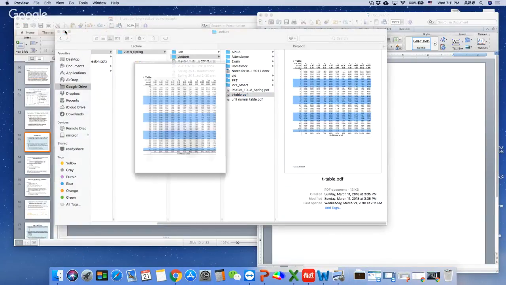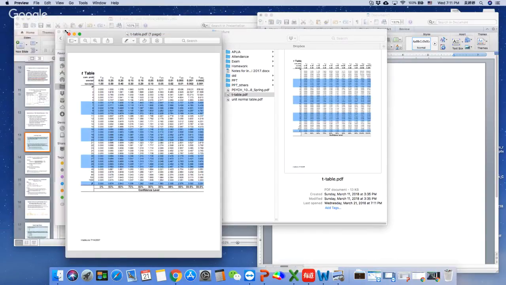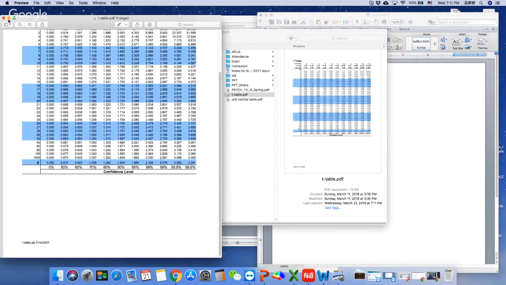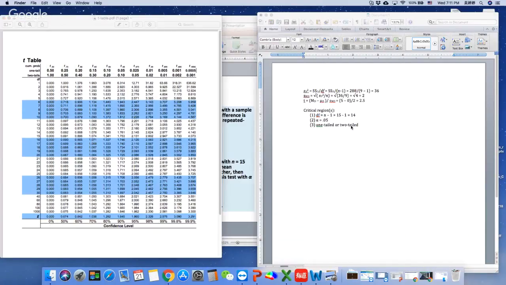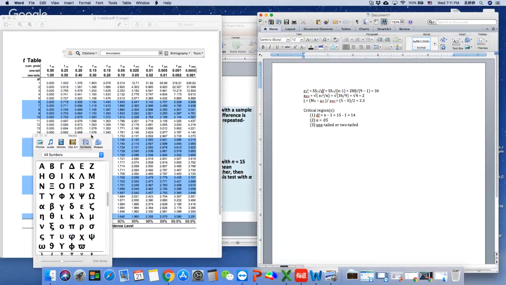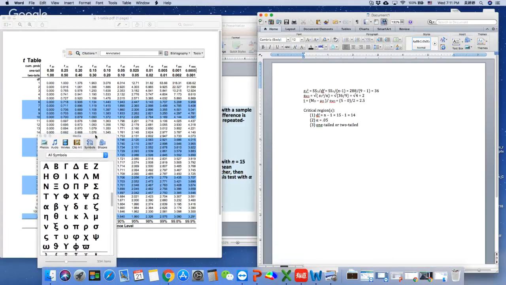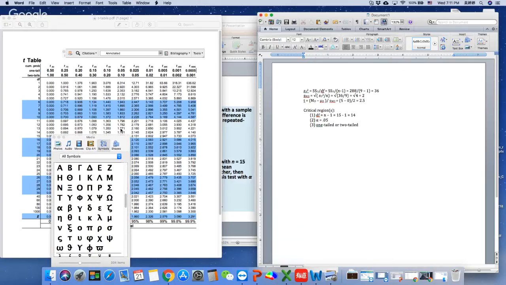To search for the t value that is the boundary of the critical region. So here we go to the row where df equals 14 and 0.05 for the one-tailed.